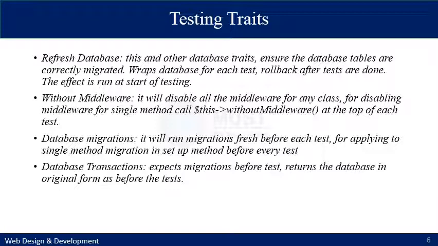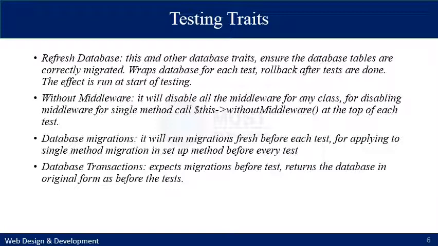One of the common testing traits is RefreshDatabase, and this and the other database traits ensure that the database tables are correctly migrated. It wraps the database for each test and rolls back after the tests are done.